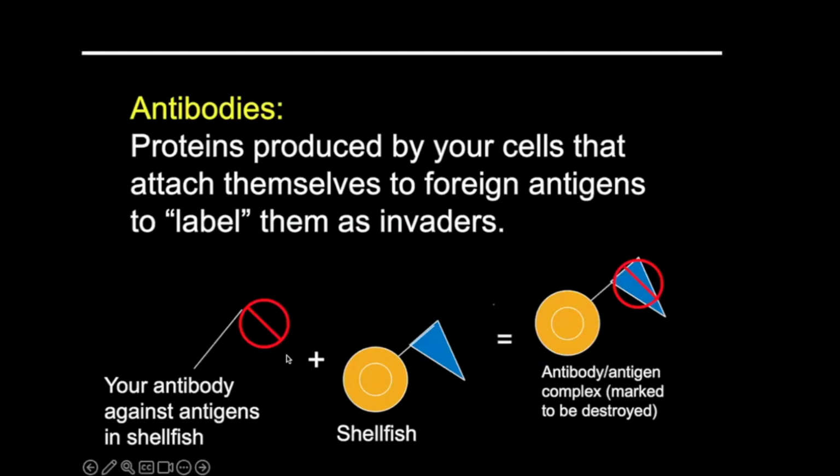So this little antibody is hanging out, and if it happens to see some shellfish come in, like this guy, it's going to mark it. Notice it's marked the flag to be destroyed. And then your killer T cells and so forth will come and destroy it. So this is kind of a bigger memory system than cell-mediated immunity.